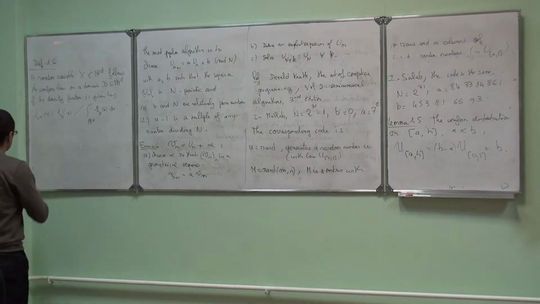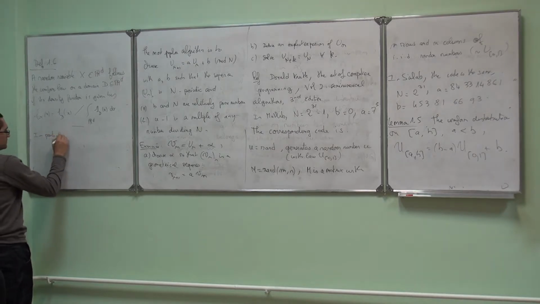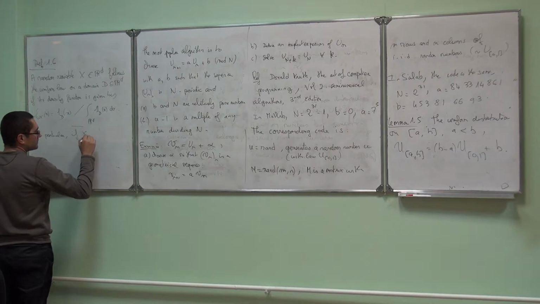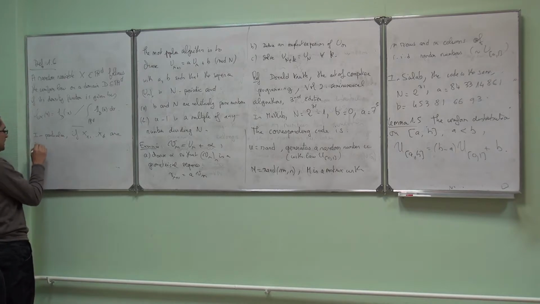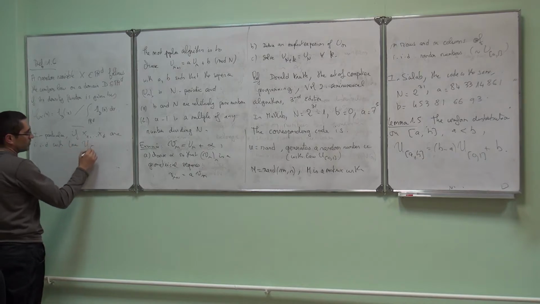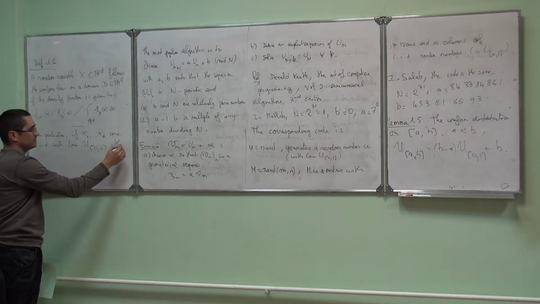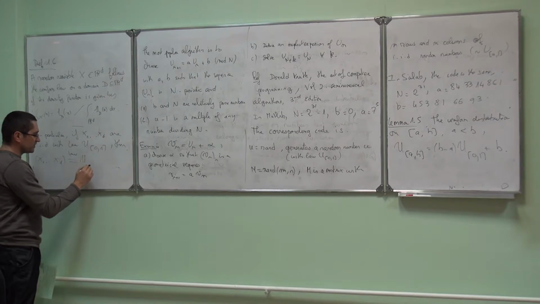In particular, if x1, ..., xd are iid with law U of 0, 1, that is a uniform distribution 0, 1, then you deduce that the vector x1, ..., xd equals in law the uniform distribution on the product [0, 1] to the power d.